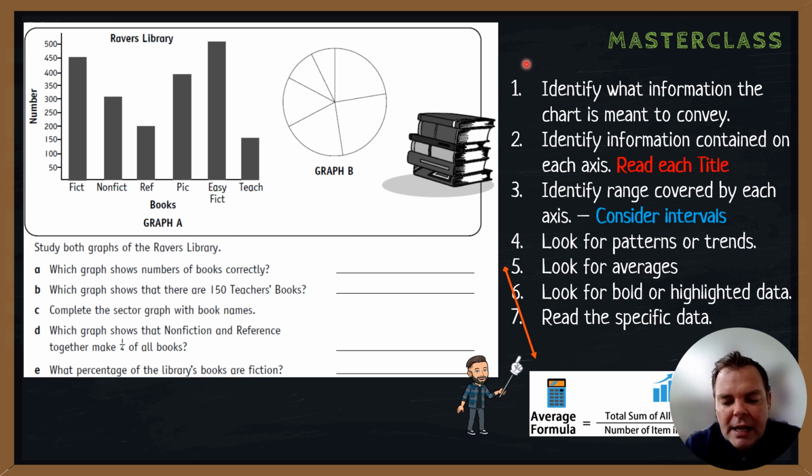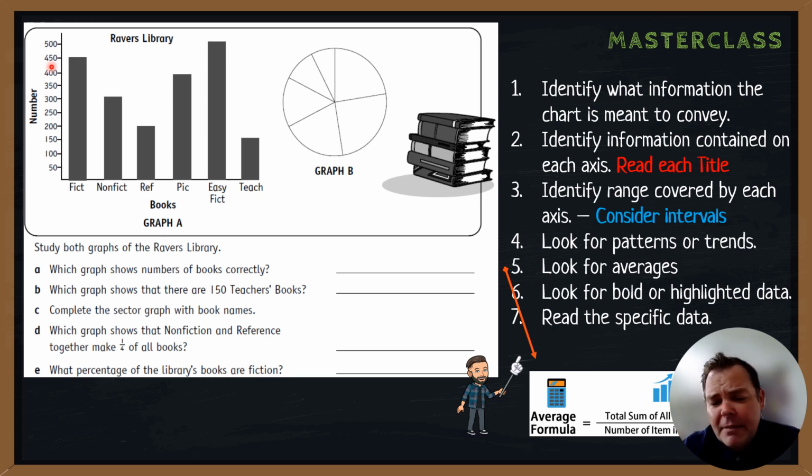I've got a little masterclass down here that goes through almost dot point by dot point what I want you to do when you're seeing graphs. The first thing I want you to do is look at the information. What information can you gather from that graph? If we look over here, we can see this is Raver's Library. We can see the different genres of books down the bottom and the number.